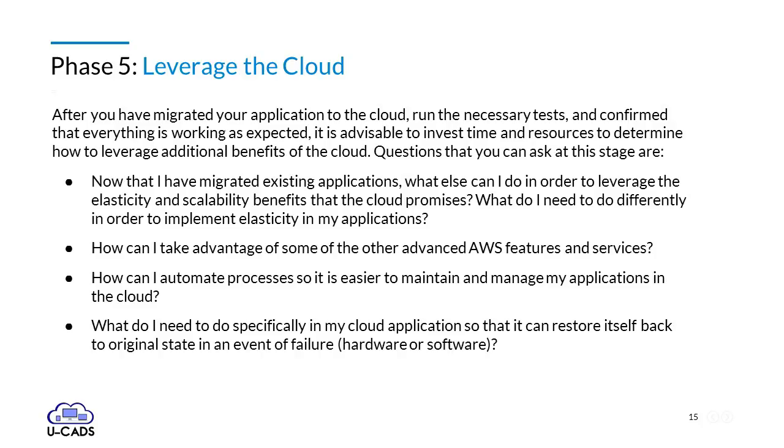How can I take advantage of some of the other advanced AWS features and services? How can I automate processes so it is easier to maintain and manage my applications in the cloud? What do I need to do specifically in my cloud application so that it can restore itself back to original state in the event of failure, hardware or software?